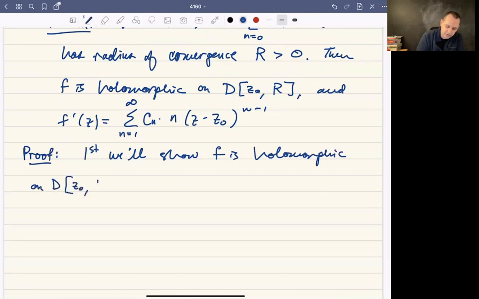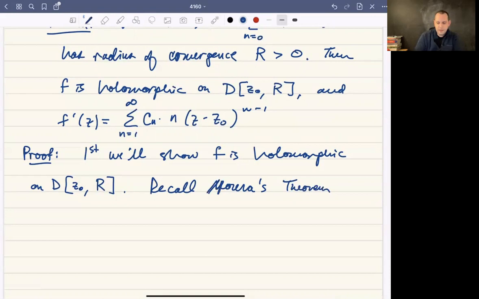And to show that it's holomorphic on this disk, we're going to do a few things. First I want to recall Morera's theorem. Morera's theorem, this is an M, by the way.